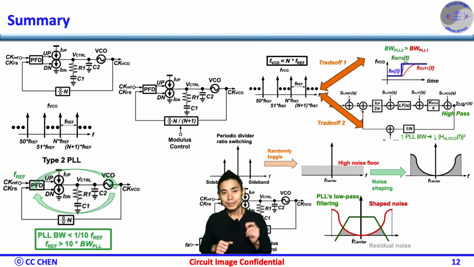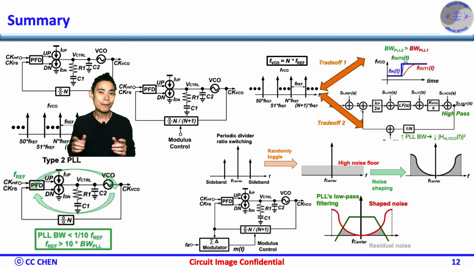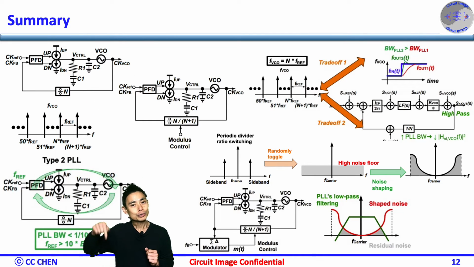The integer N PLL is simple and straightforward for most frequency synthesis applications, but the frequency resolution will be the reference clock frequency. Therefore, to generate more dense output frequencies, we must reduce the reference clock rate, which is the update rate in the discrete time system.